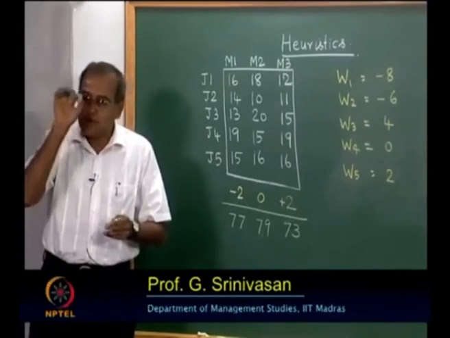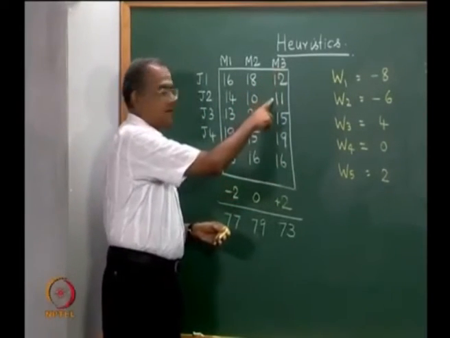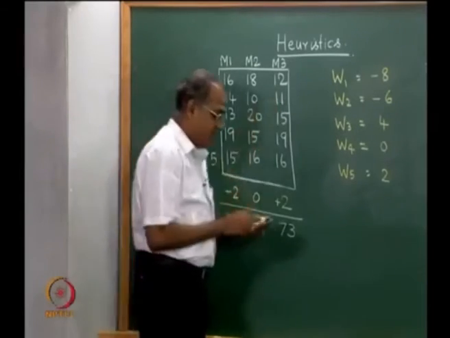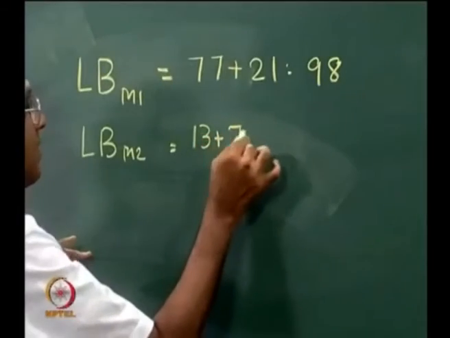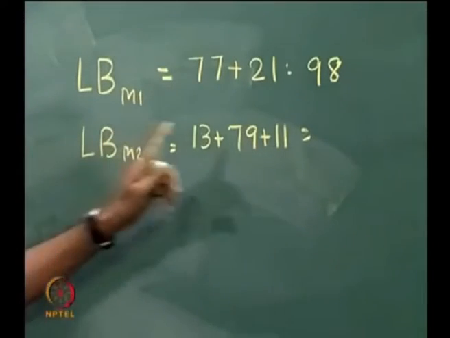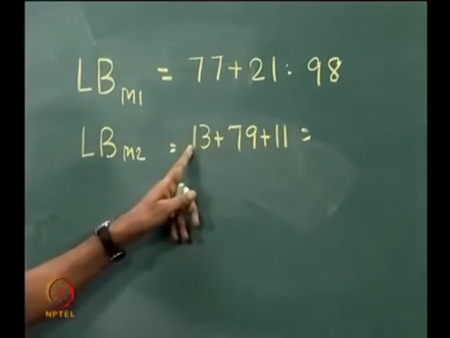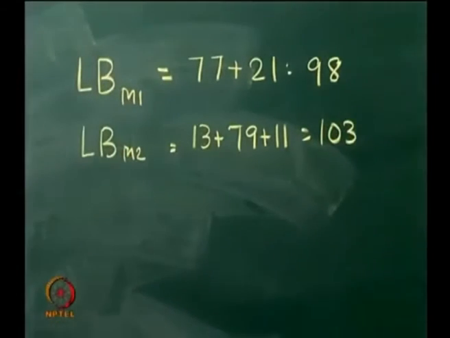So, it requires at least an addition, which is the minimum of these, which happens to be 11. So, the lower bound will be 13 plus 79 plus 11. 79 plus 11 is 90, 90 plus 13 is 103. 103 is the lower bound based on M2.